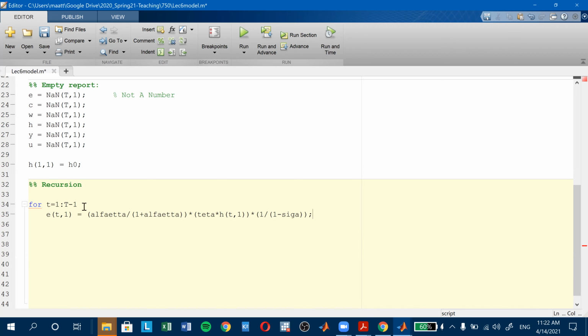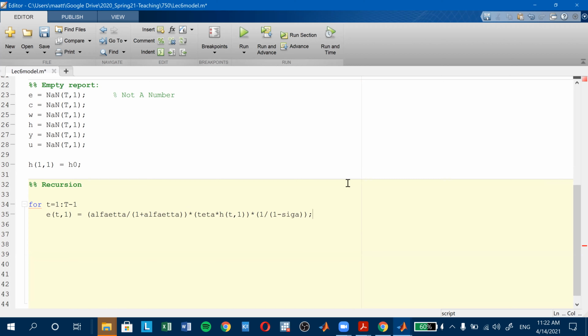Now, how do I know that this works? For t equal to 1, the computer knows what E1 is, because the computer knows sigma, knows H1 from here, and knows theta and alpha eta.